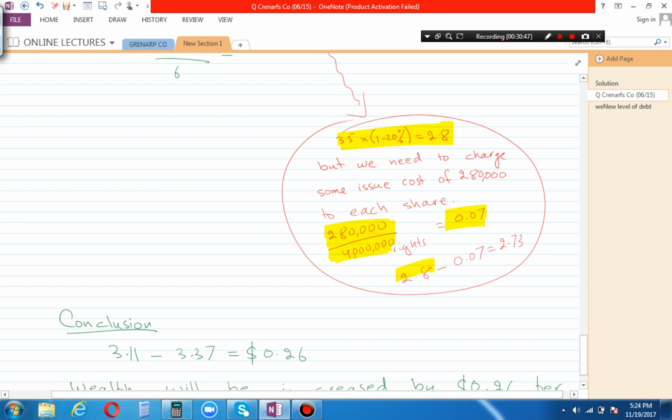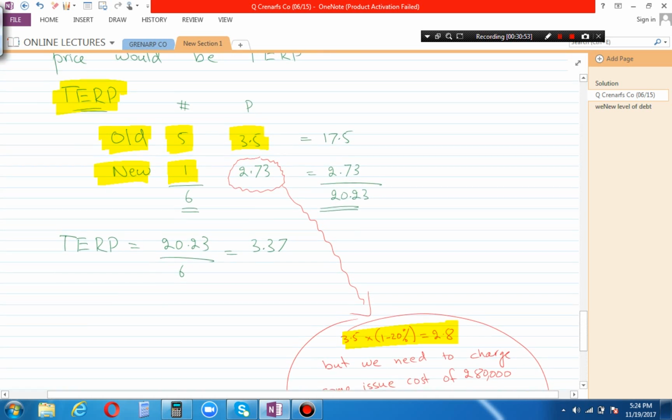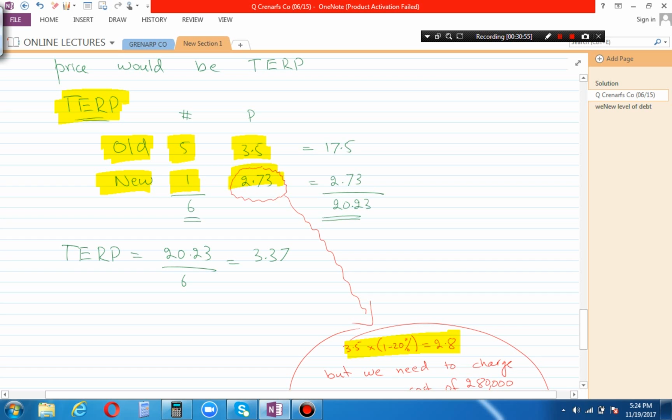So 2.8 would be reduced by 0.07, and that would be 2.73. So the issue price of the new right would be 2.73, and if you calculate the weighted average, the theoretical ex-right price should be $3.37.